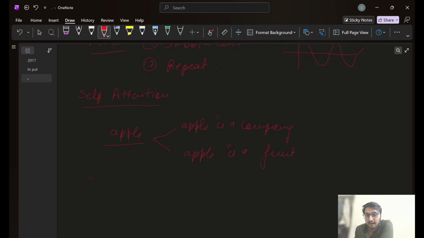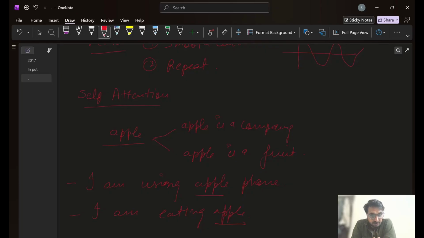For example, "I am using Apple phone", and the other example is "I am eating apple". The word apple is the same, but the two sentences are different.